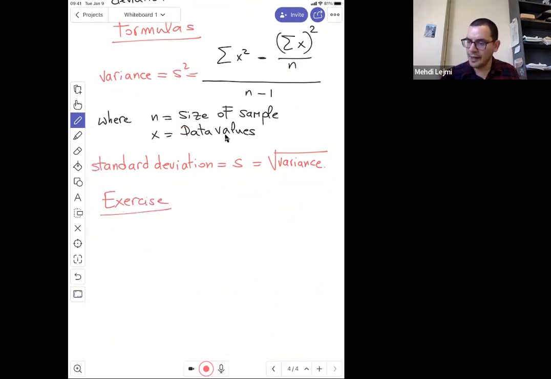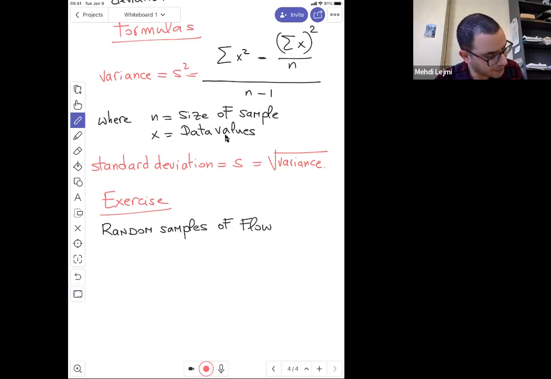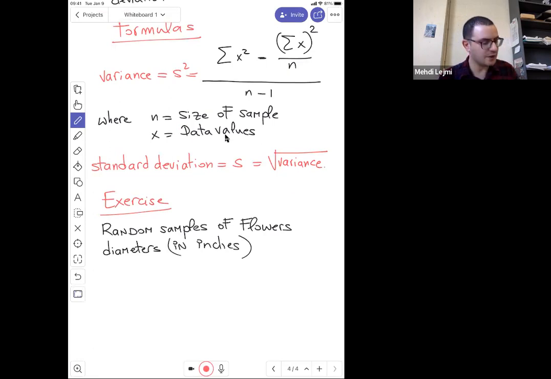So let's say we have two random samples of flowers' diameters in inches. Okay, so the unit is inches.